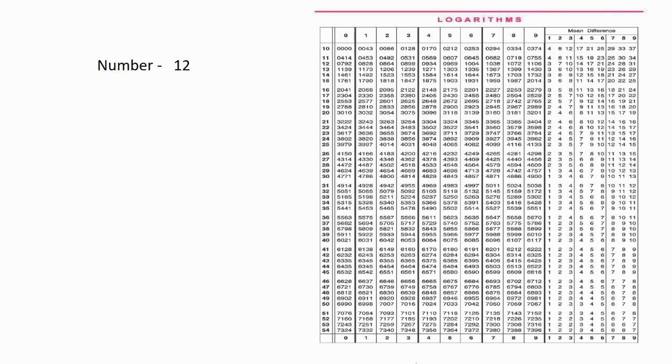We have the number 12. To find the log value of 12, initially we have to find its characteristic, then we will find its mantissa. Both together will give us the log value.